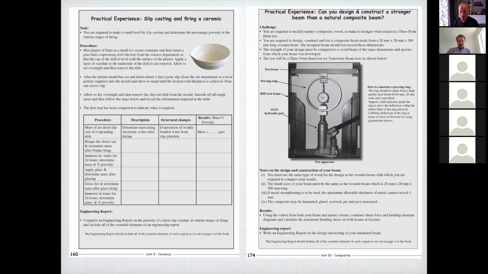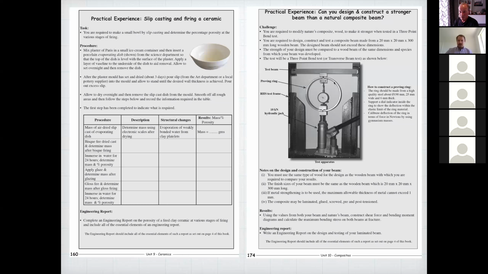And then I wanted them to make it into a laminated section and see how they can enhance nature by laminating the timber. And each of them were tested, and they had to achieve a higher force for theirs than what the natural timber achieved. And this is pretty easy.